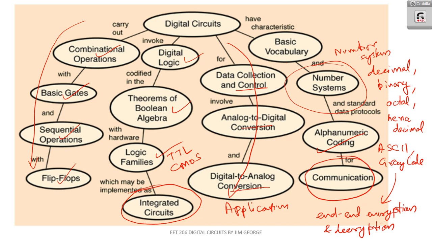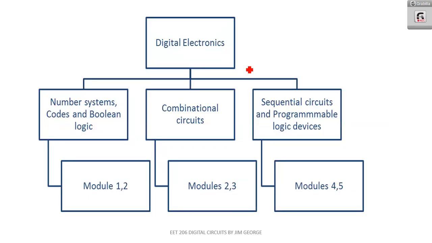Okay. This is an overview of digital circuits. Now coming to our topic. Our syllabus consists of 5 modules. In modules 1 and 2, we will be starting with number systems, codes and Boolean logic.